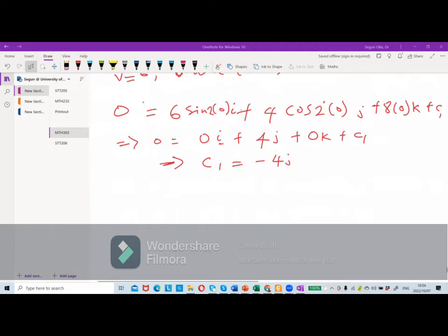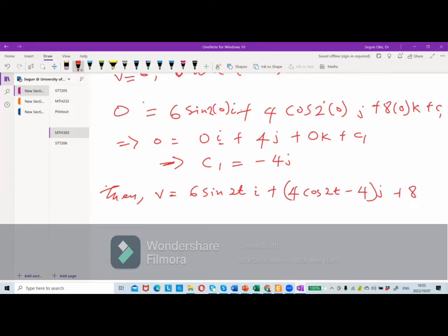Okay, let's continue. So we can now write our equation: v equals to 6 sin 2t i plus 4 cos 2t minus 4, everything j, plus 8t squared k.